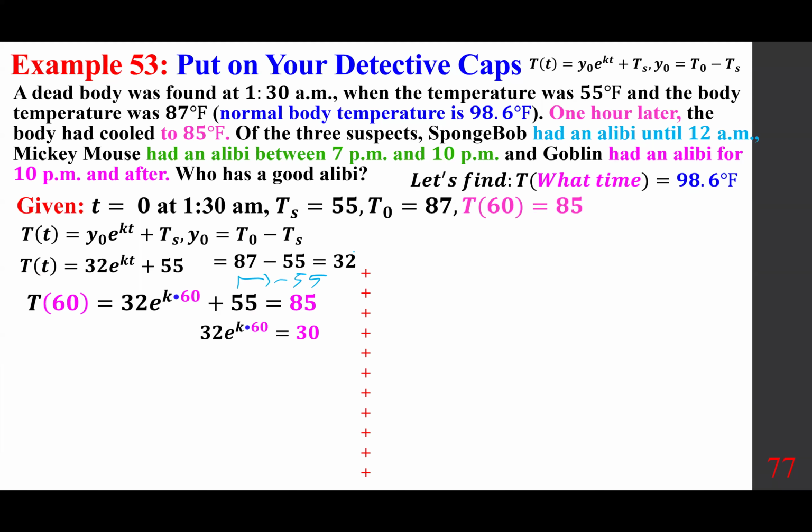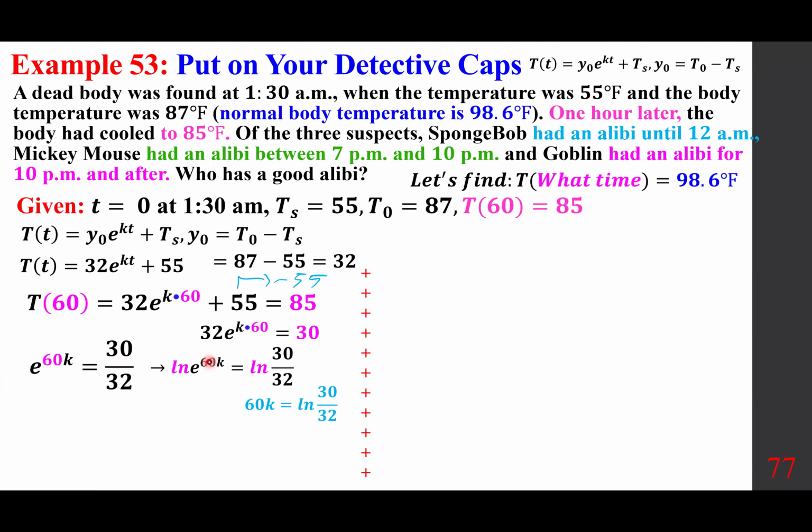We're going to divide by 32. The left side has e. We take a natural log of both sides.